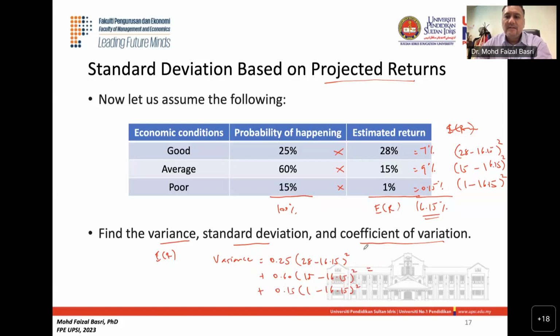Then you get the variance. Can someone help me, what do we get? What is the variance based on this calculation?